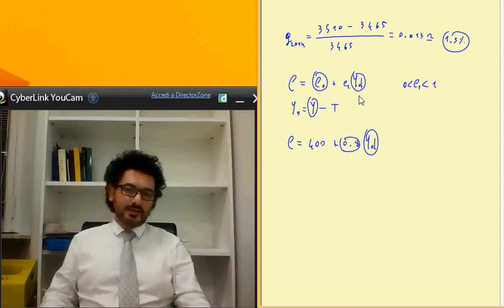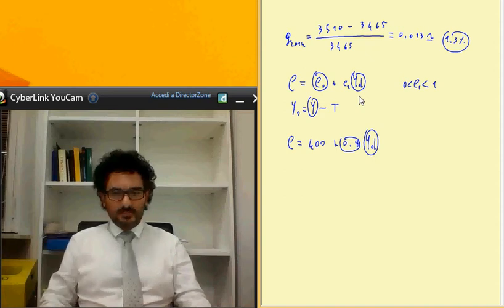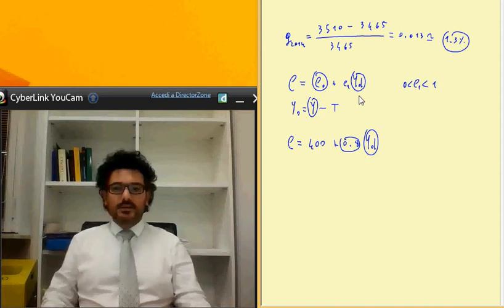A decrease in disposable income equal to 100 implies a decrease in consumption equal to 80. So the propensity to consume represents the part of consumption which can be explained by disposable income.